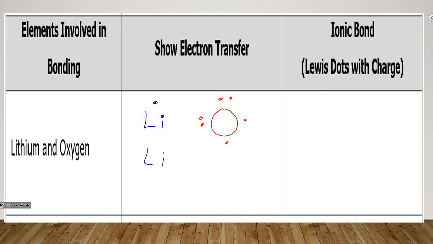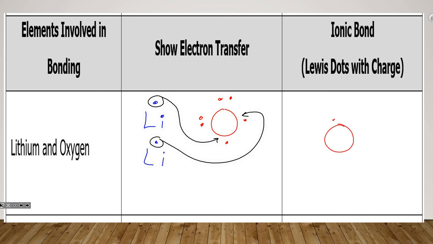So I'm going to put another lithium here with a dot. Okay, so then these dots, these electrons, one's going to go here and one's going to go here, right? So this is how I figure out. Since both of them are going into oxygen, I'm going to put oxygen in the middle here. And I'm going to show oxygen having all 8.